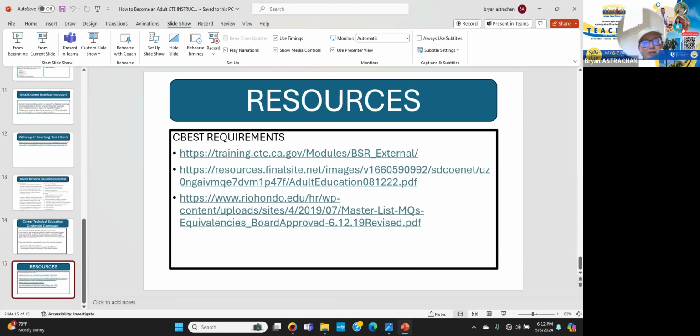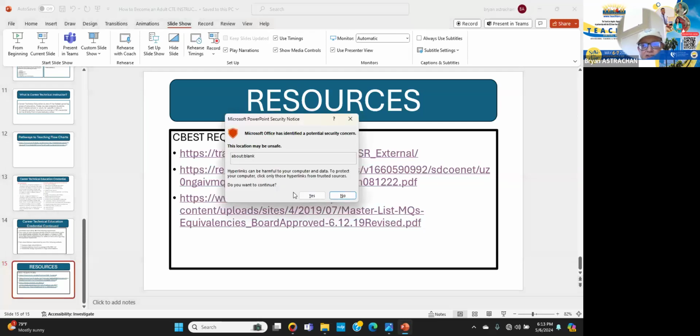Okay. At the community college level, I'll use Rio Hondo as an example. You can go to the Rio Hondo Human Resources webpage. And if you navigate through that, you're going to see that in that webpage, it's going to talk about the various positions that are open, teaching positions.